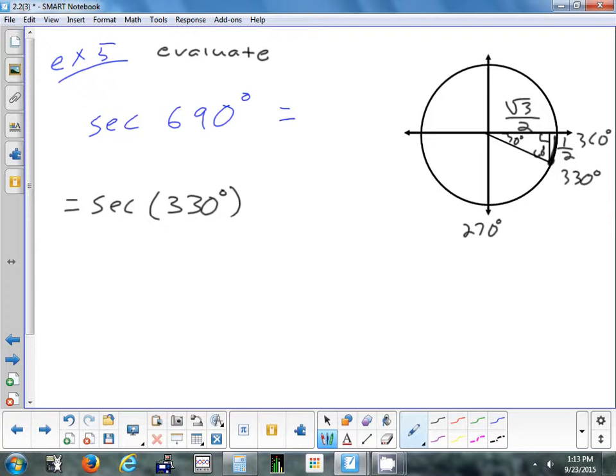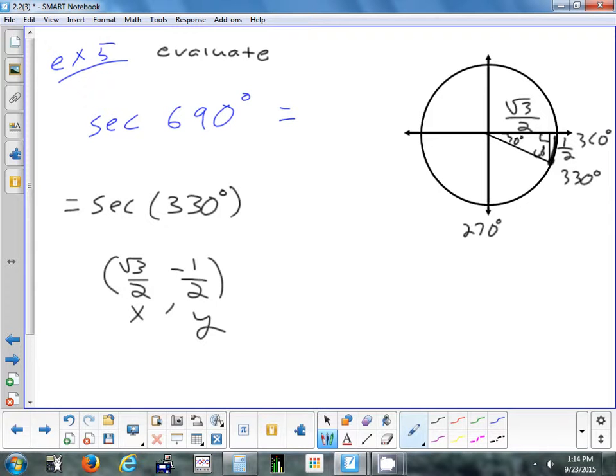Okay, so my coordinate, well, Chelsea, what would be my coordinate for 330? Yep. Good. So positive square root 3 over 2, negative 1/2. Now they want the secant. That's when you take your x and flip it.